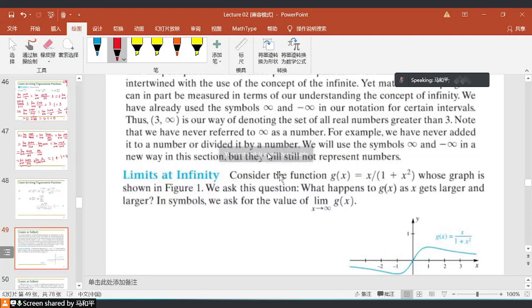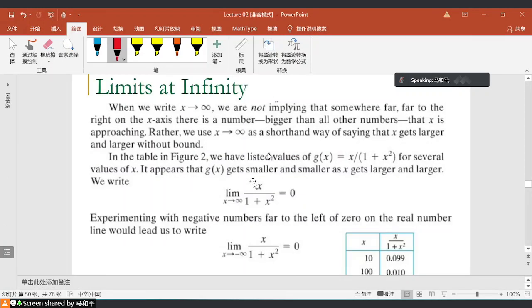we will learn next limits at infinity. This means when we write x approaches infinity, we are not implying that somewhere far to the right on the x-axis there is a number bigger than all the other numbers that x is approaching.